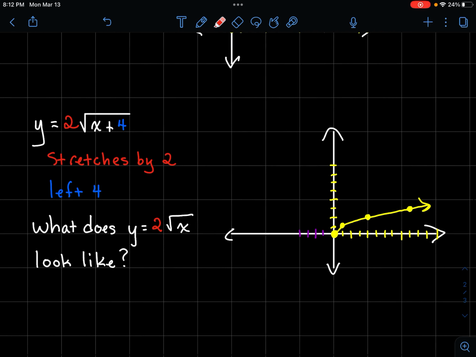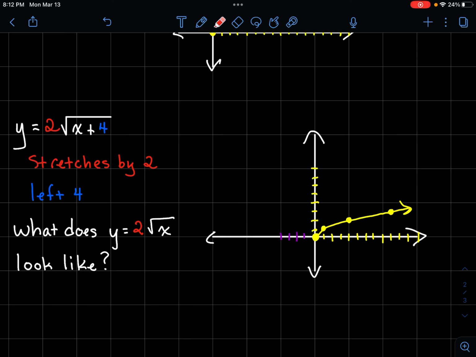Okay, to do this, I'm going to show you how this applies with our parent graph. The 2 tells us that we are stretching by a factor of 2, meaning the y values. So if I were to multiply the y value at 0, 0 by 2, it still stays 0. If I were to multiply the y value at 1, 1 by 2, 1 times 2 would bump that ordered pair up to 2.